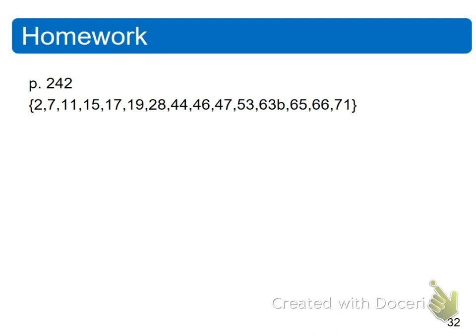From H to I, all the x values between H and I are critical numbers. So I would write that as all the x values greater than or equal to H, less than or equal to I. That's representing the horizontal tangent right there. Finish it off, see if you can get the rest of them.